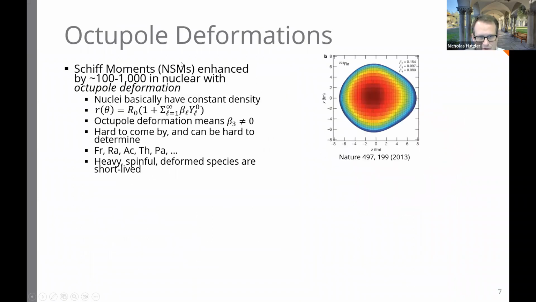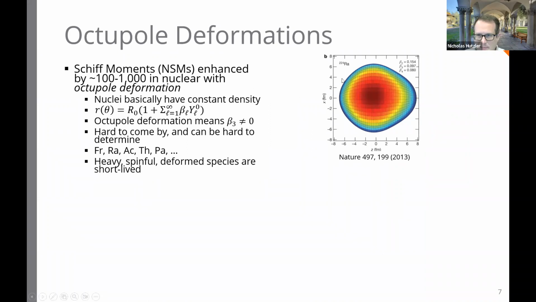These moments, nuclear Schiff moments, can be enhanced very dramatically in nuclei with an octupole deformation. So what does that mean? The nuclei have basically constant density. However, the shape of their surface doesn't need to be spherical.